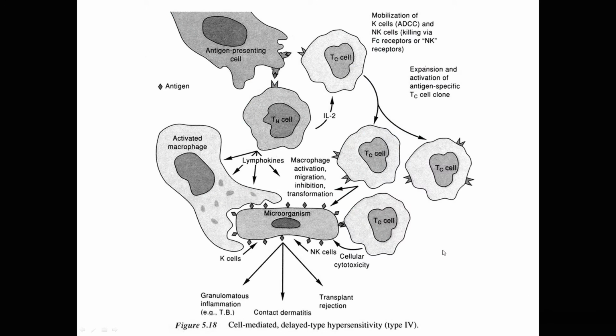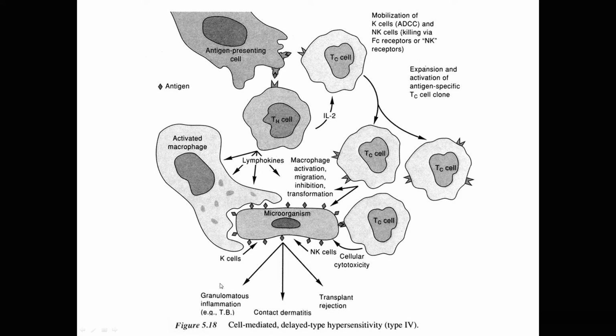This is the combined picture of type 4: presentation of the antigen, activation of the immune response, mobilization of lymphocytes, exerting direct killing of cells of the intruder or activating the macrophages, thus causing necrosis and inflammatory changes.